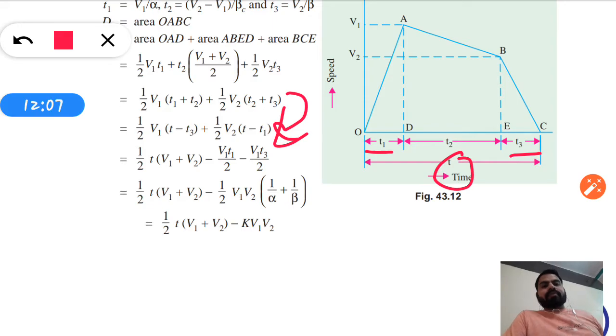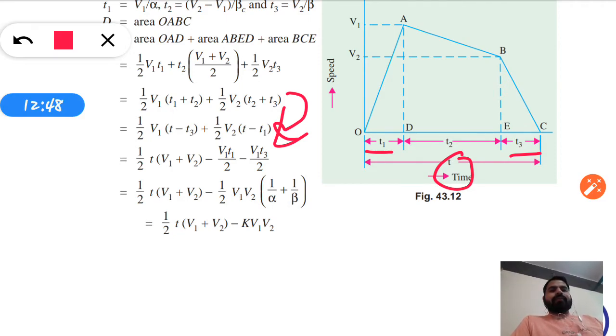After that we get 1 upon 2 T (V1 plus V2) after combining it, minus, we just multiply internally, V1 T3 upon 2 and V2 T1 upon 2.